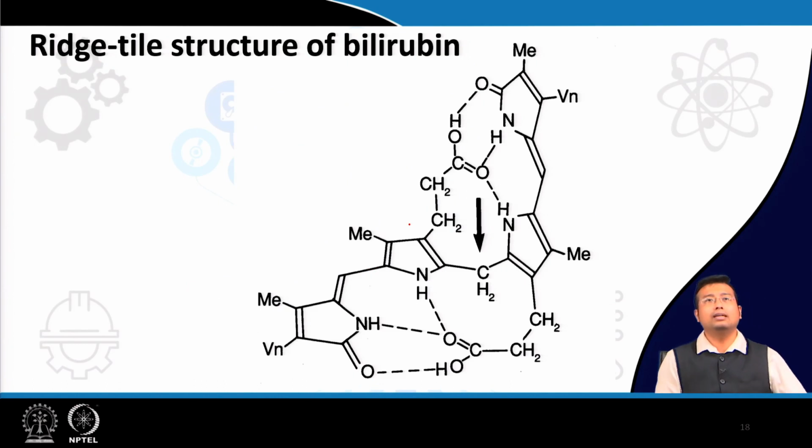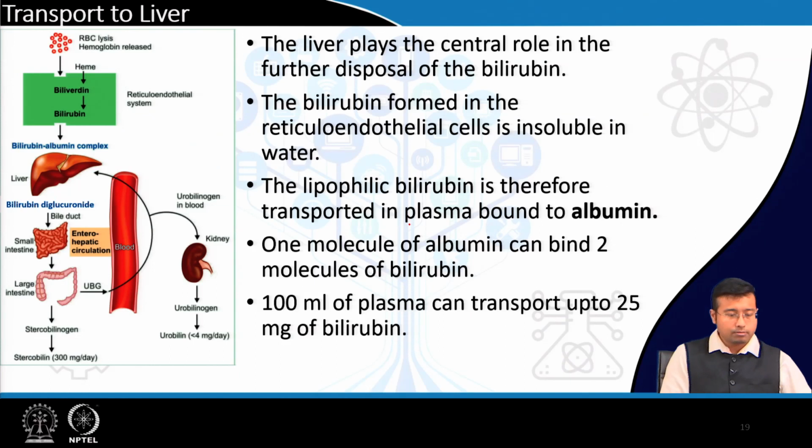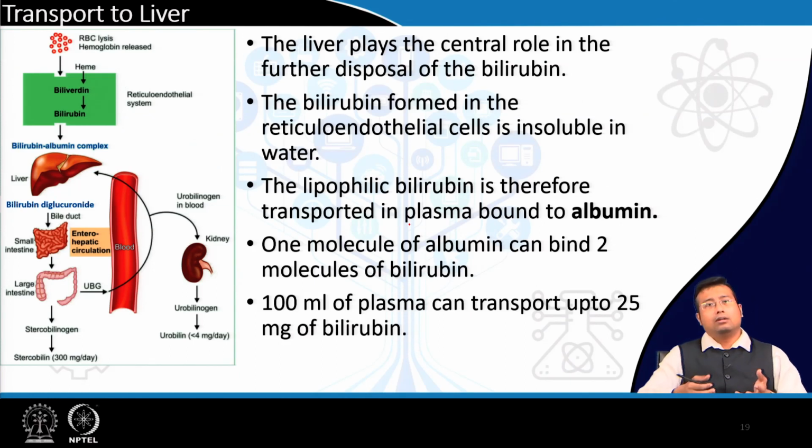This is basically the ridge-tile structure of bilirubin, a nomenclature where the central methane bridge is buried and there are multiple intramolecular hydrogen bonds in spite of the presence of multiple polar groups, right. So, let us see what happens once bilirubin is formed.